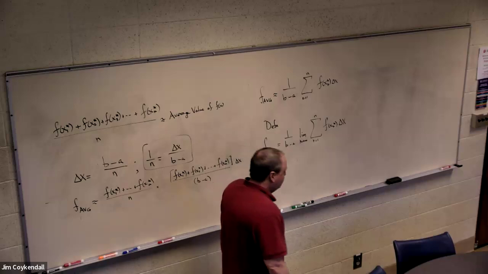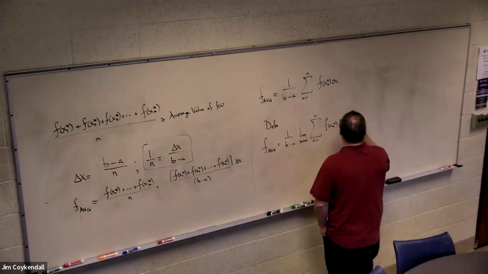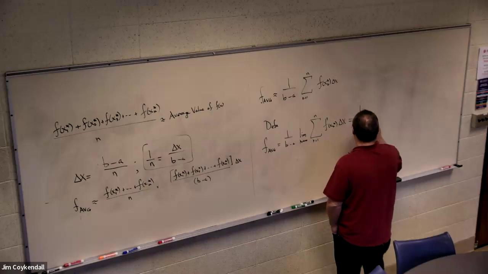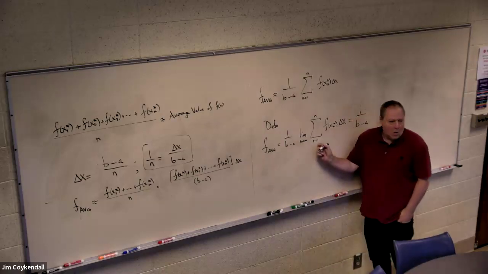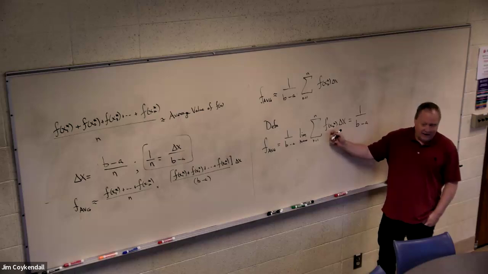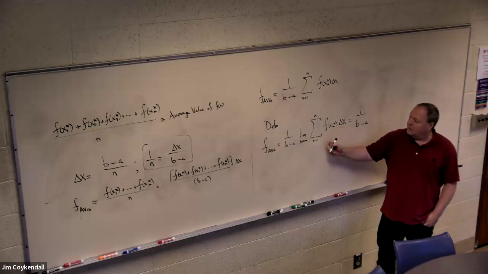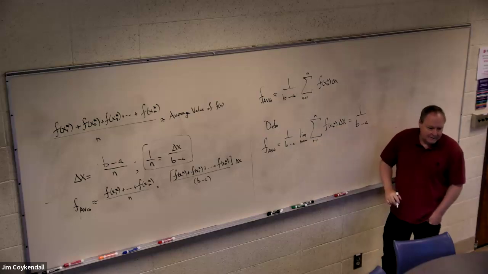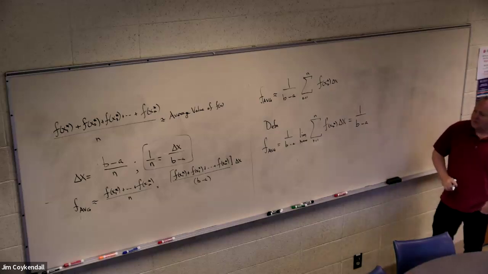Now, here's your first lesson of what I told you. This is a Riemann sum, isn't it? It's a sum of the form f, some values plugged into a function, times a little width. What does the limit of one of these Riemann sums become?